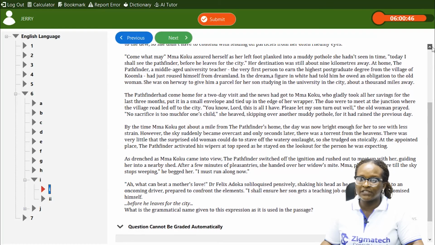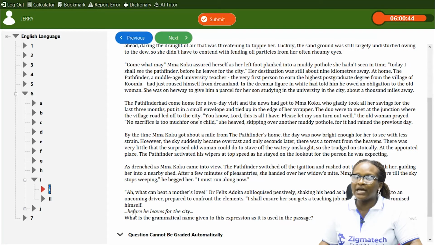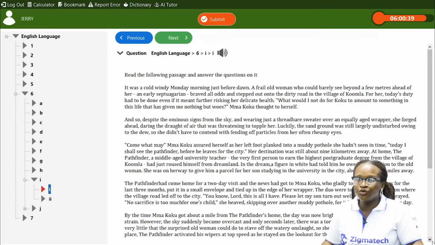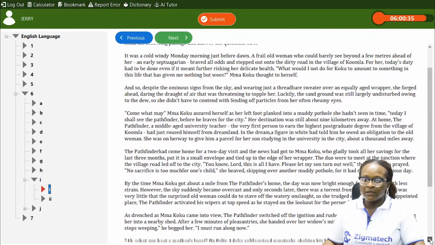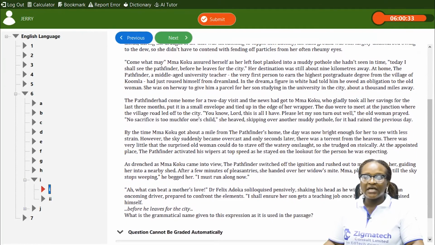I'm particular about it. But once I see before, I know that before has to do with time, adverb of time. So I know it's adverbial. So is it adverbial clause or phrase? It is adverbial clause. Oh, please, why do you say so? Someone may ask. It is adverbial clause because clauses are a group of words that have finite verbs, can stand on their own, and they make sense.